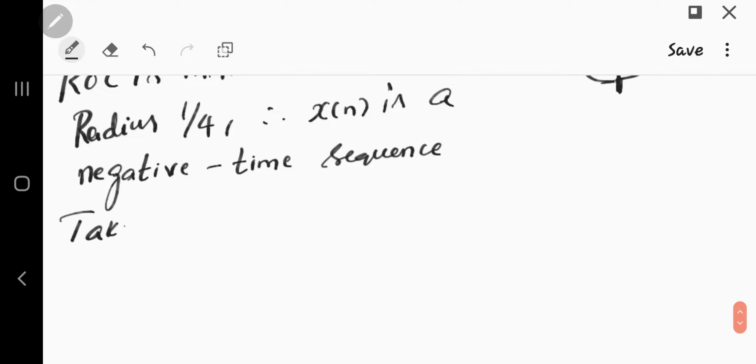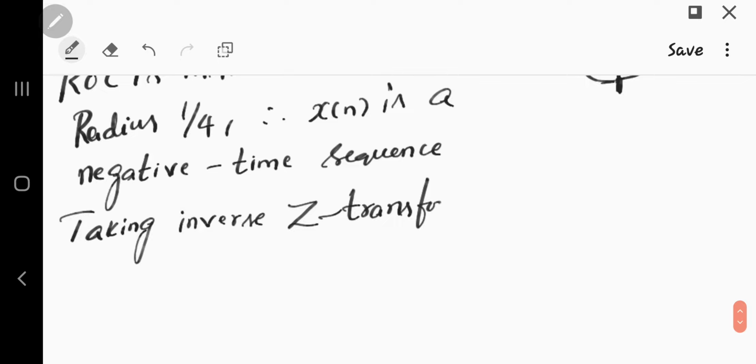Now, taking inverse Z transform on both sides.